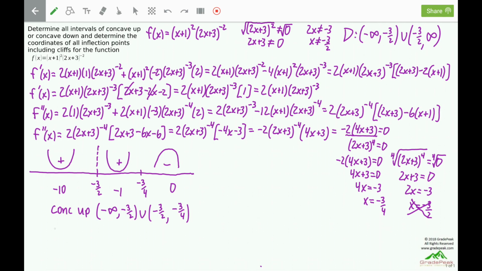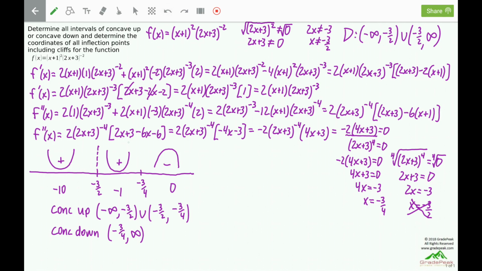We have concave down happening from -3/4 up to positive infinity. X equals -3/2 is not a candidate number, it's a vertical asymptote.